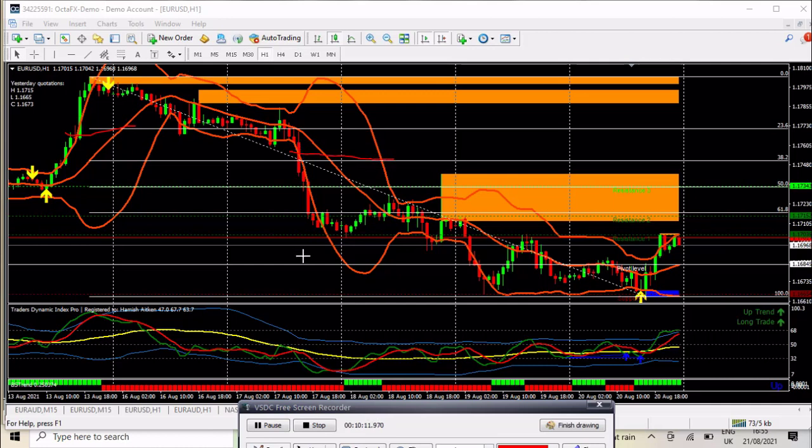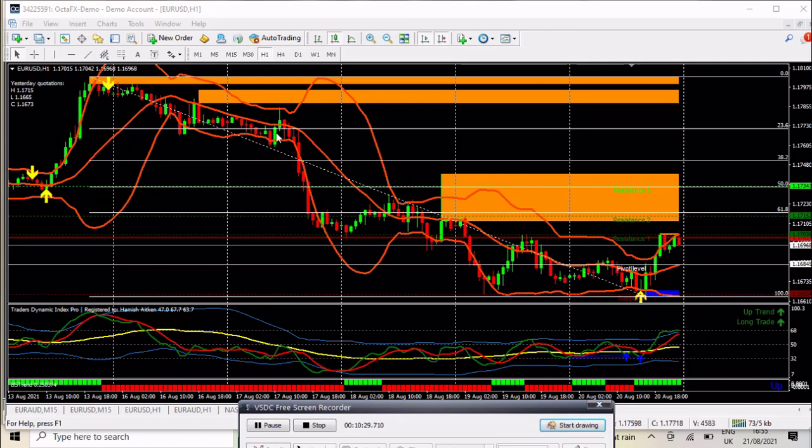Once you combine with other indicators, you can actually trade profitably here without being afraid that the Bollinger Band is going to expand or not. So if you combine with all the indicators on this screen, you are going to trade profitably without any fear.